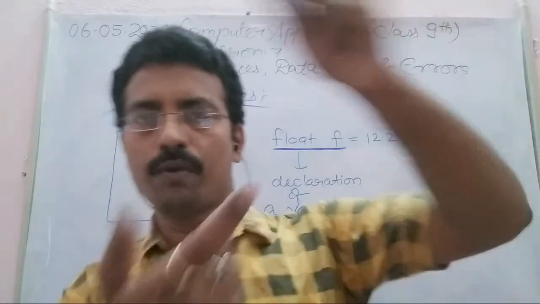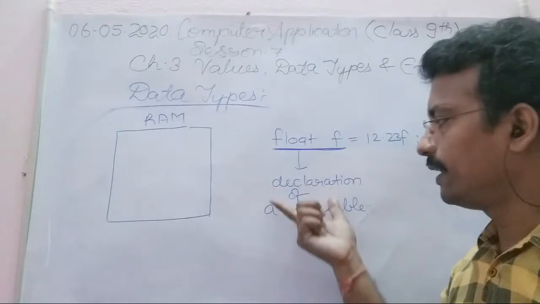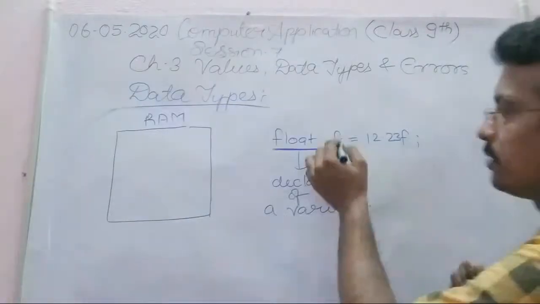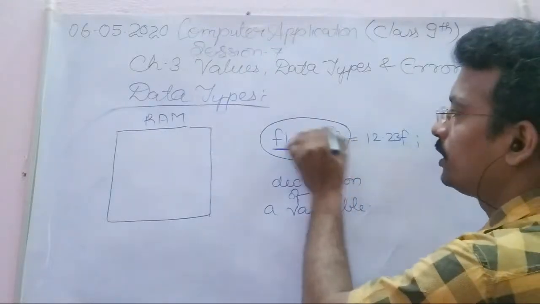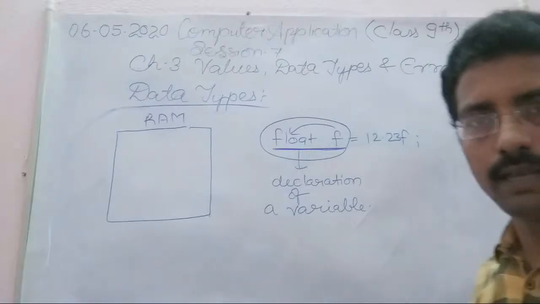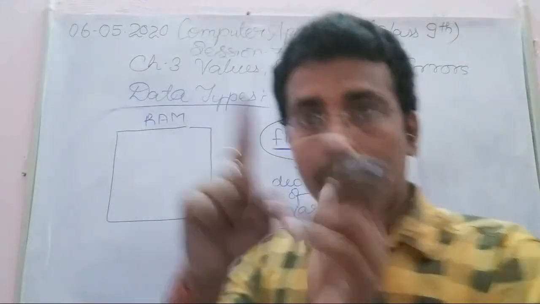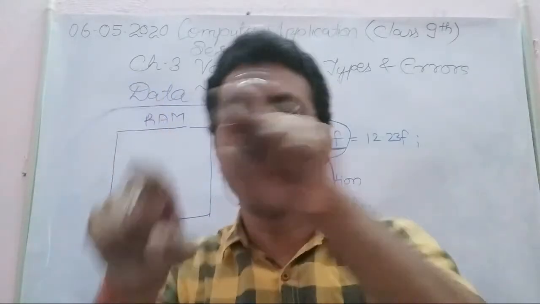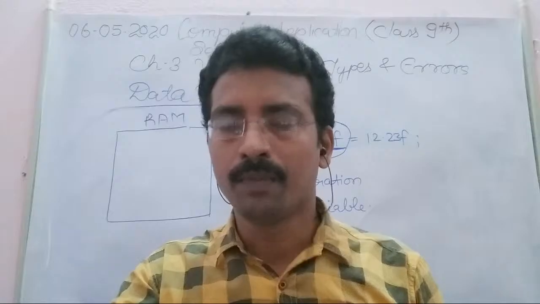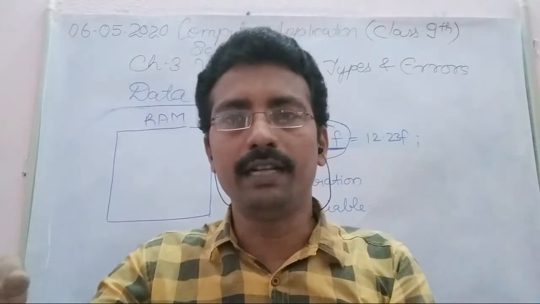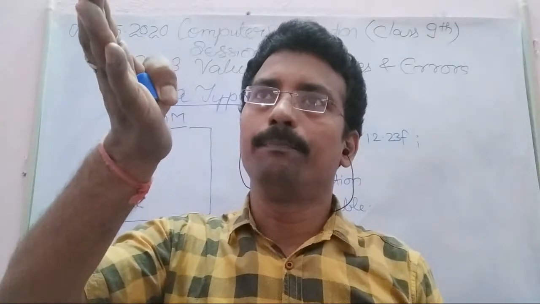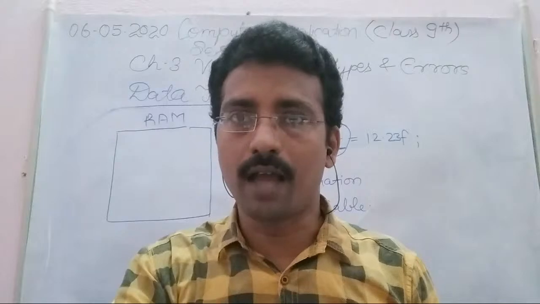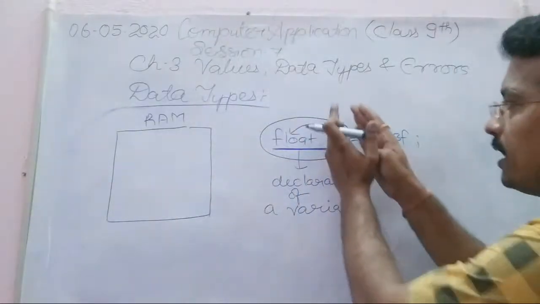When we assign the name to a variable, it is called declaration of a variable. So this statement is going to explain that f is a float type variable. Float type means the data type of f is float. So what quality of float is already defined? Float will take 4 bytes of memory. Float will contain the fractional values. So this will be utilized by f now.